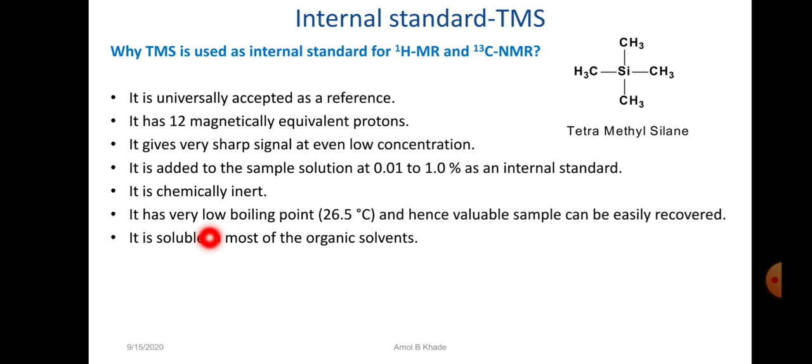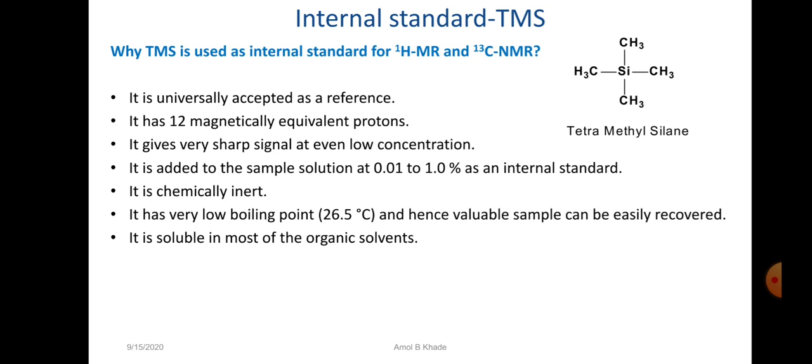Another advantage of using TMS as an internal standard is its very low boiling point. Its boiling point is near 26.5 degrees Celsius. So you can easily evaporate it after analyzing your sample, especially valuable samples. NMR is a non-destructive technique, which is another advantage of NMR spectroscopy.